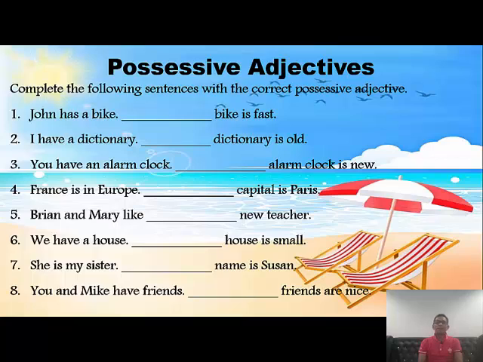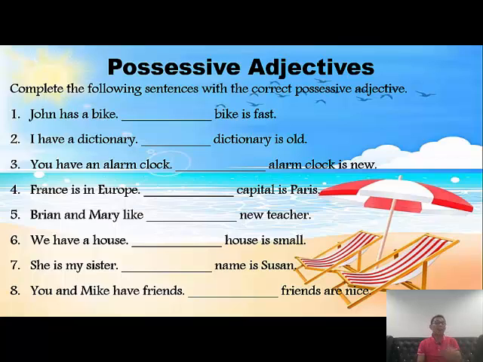Number 4, France is in Europe. Capital is Paris. Number 5, Brian and Mary like new teacher. Number 6, we have a house. House is small. Number 7, she is my sister. Name is Susan. Number 8, you and Mike have friends. Friends are nice.